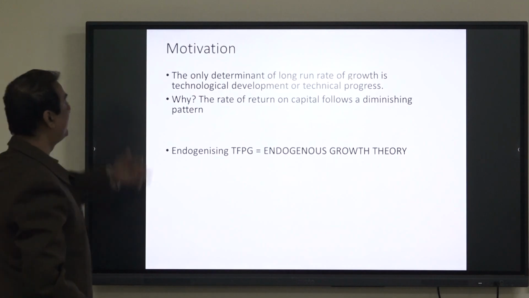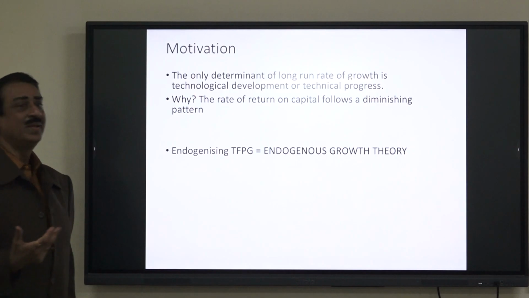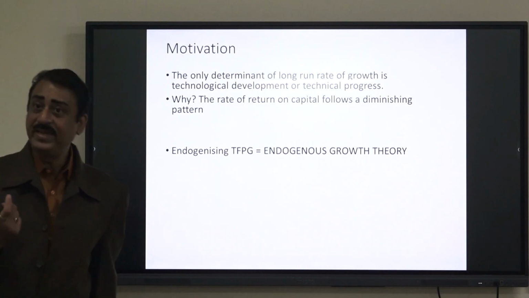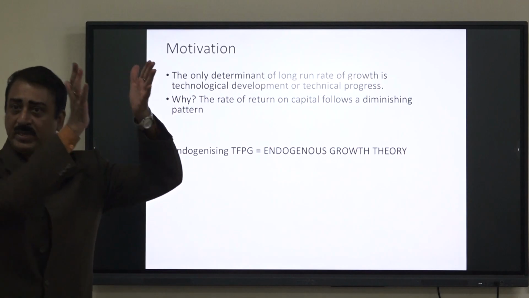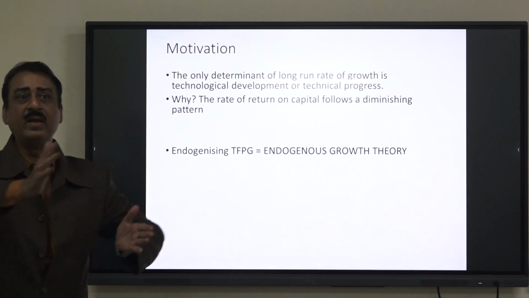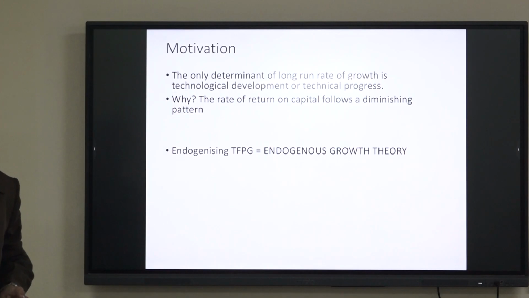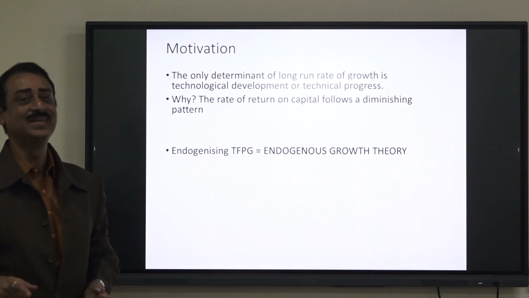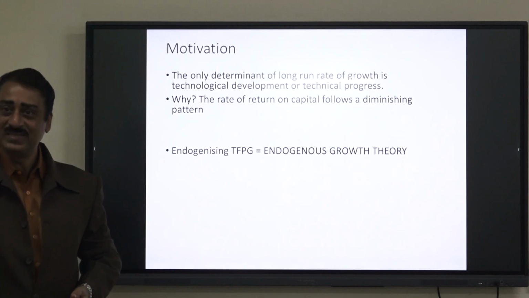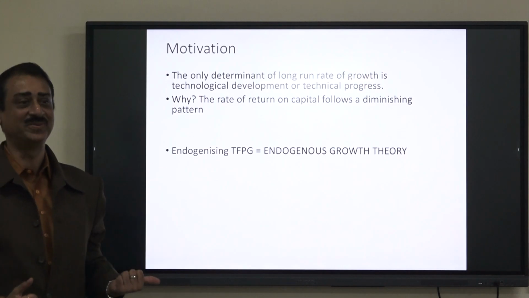So when we are saying that we want to endogenize growth, it means we want to take economic growth as a dependent variable and identify the determinants of economic growth. It is the same thing as saying that we must try to identify the determinants of total factor productivity growth.